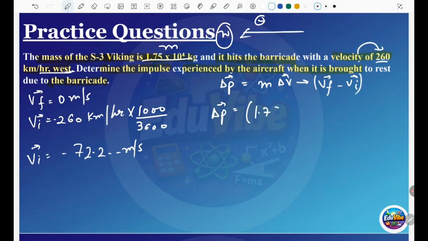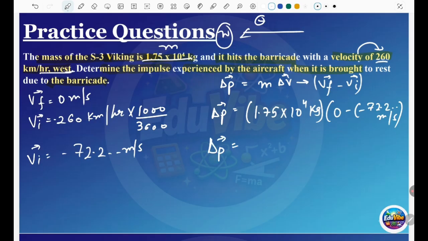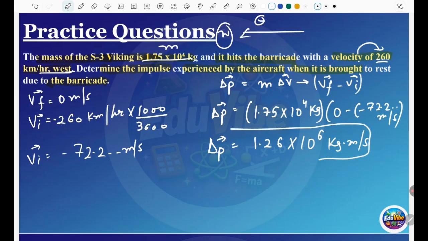You have the mass, and your Vf is 0, minus Vi, which is negative 72.2. When you multiply this, you get about 1.26 times 10^6 kg·m/s.